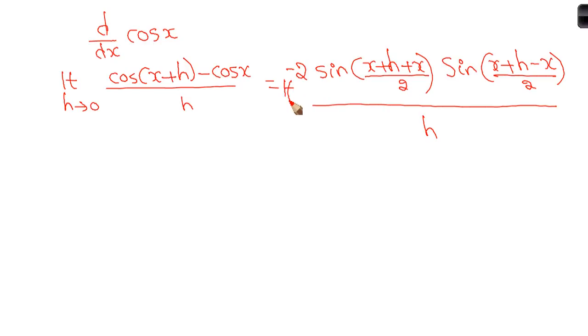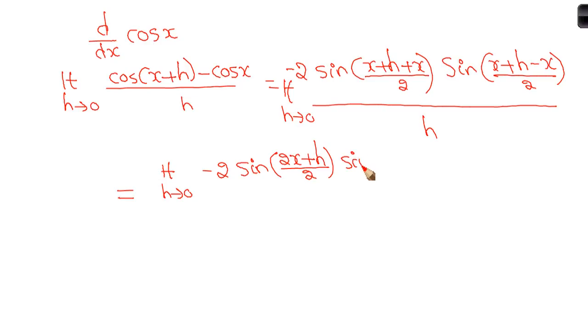Limit h tends to 0. The same thing can be written as limit h tends to 0, minus 2 times sin of (2x plus h) by 2, into sin of h by 2, by h.